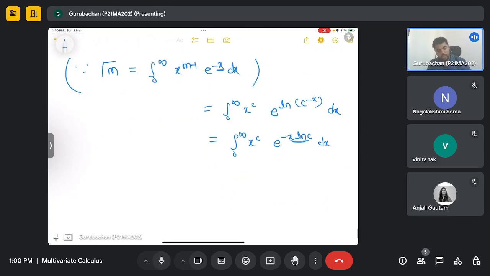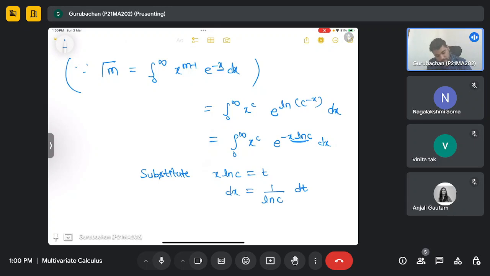So what we will do here, we will substitute, and in the higher order integrals or multivariable calculus, we will call it change of variables. So we are changing the variable: x ln c is nothing but t. So from here, dx will be 1 by ln c dt.